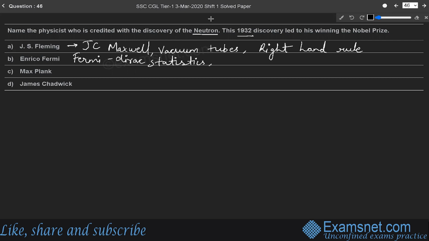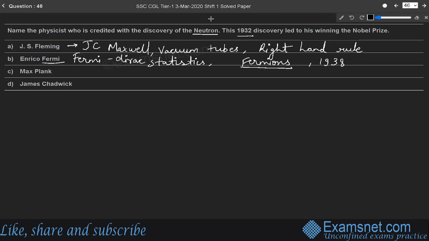And the particles obeying Fermi Dirac statistics are known as fermions after his name. He also won Nobel Prize in the year 1938 for his discovery and invention in radioactivity and nuclear reactions.